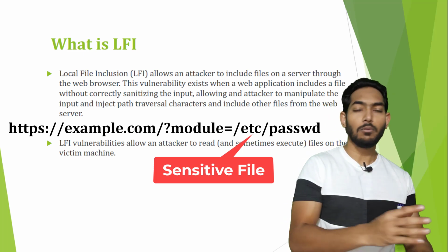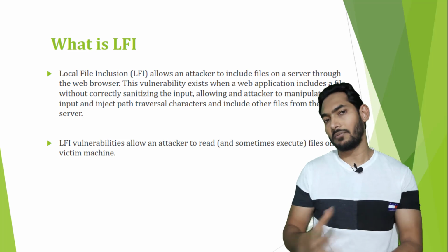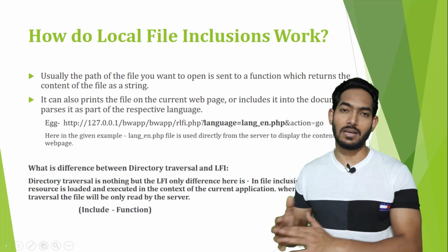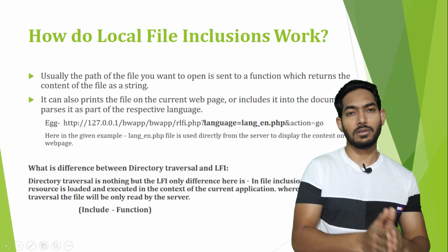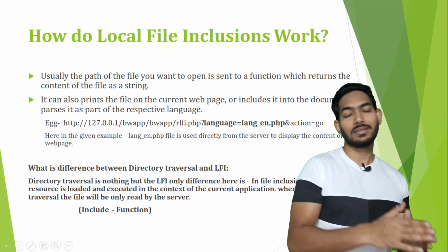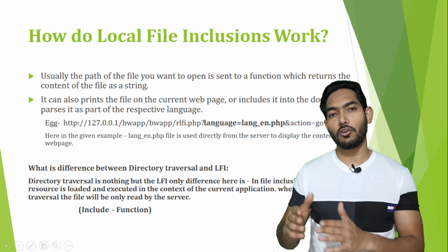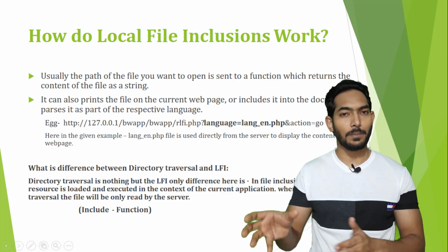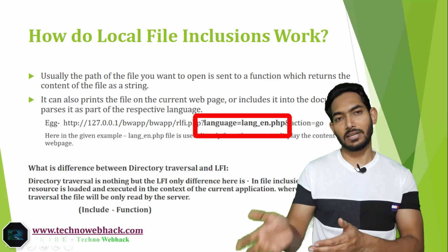Now let's understand how LFI works exactly by taking another example. Here we have taken this particular URL from the BWAPP lab, where you can see language is pointing to a language english.php file, which is taken from the server.